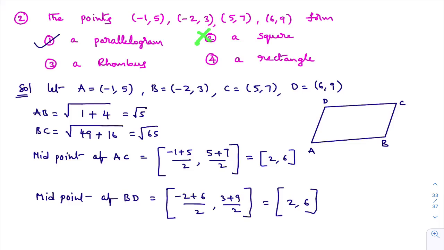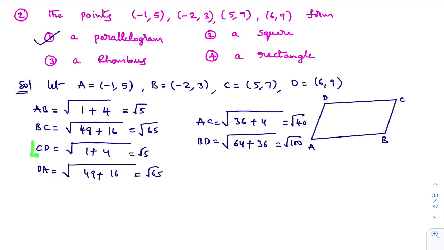In a square, all sides are equal. Rhombus is also not possible. So it is clear that of the 4 options given, 2 options are eliminated. Now our answer is either the first option or the fourth option. Now you calculate CD and DA. CD we got root 5 and DA we got root 65.